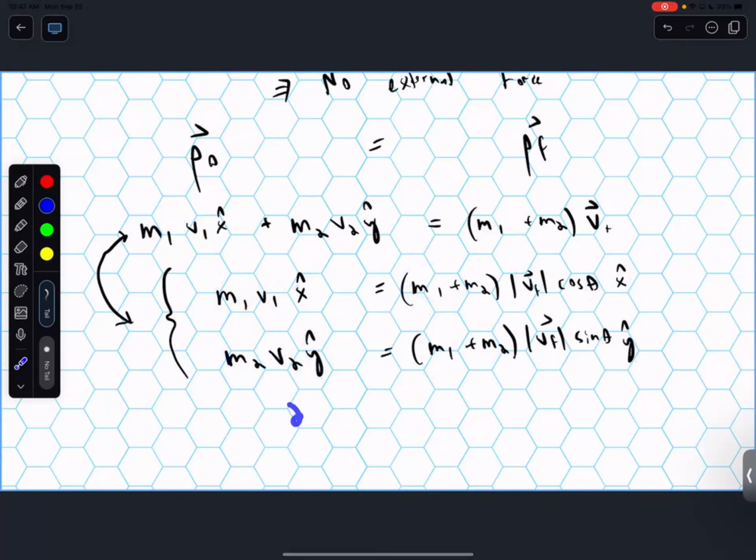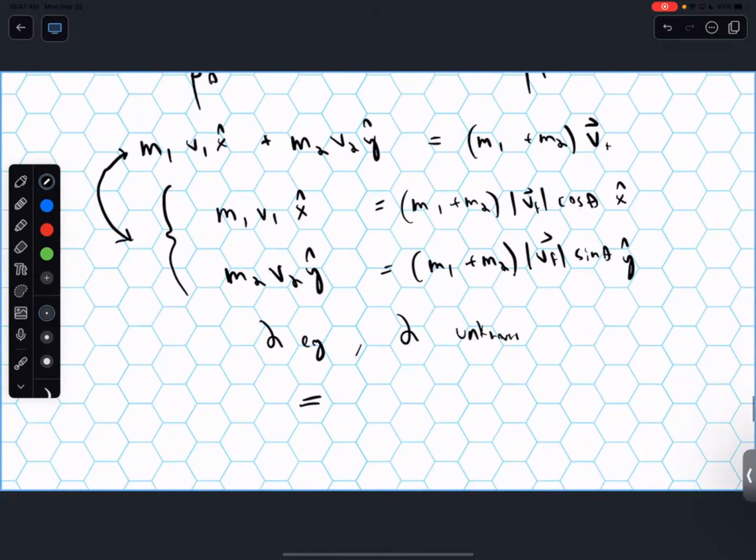So I have two equations, two unknowns. That means that if I wanted to, I could do the algebra to solve for the magnitude of the final speed or the angle that the final velocity vector is directed along.